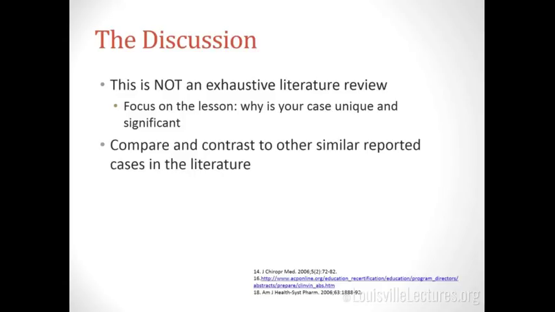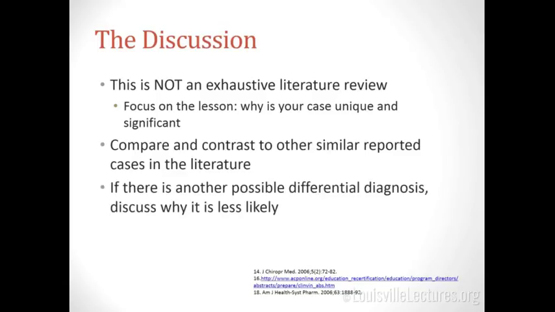So if your patient responded to something that's not the usual treatment, then you would say this is the usual treatment, or this is the guideline that goes with that, but they didn't respond, and so that's how this is different. So you just want to reference other case reports in the literature. If there's another possible diagnosis, and you don't think that's it, you need to talk about why that's not it.